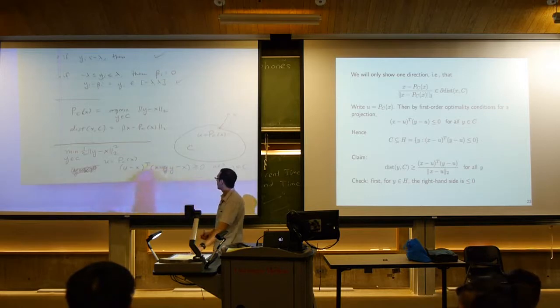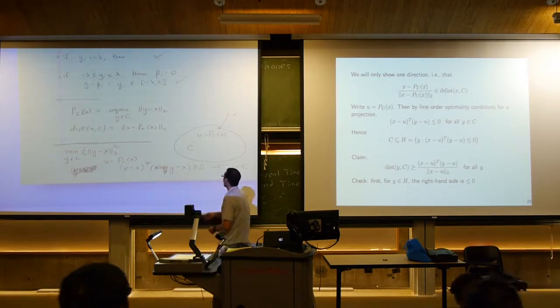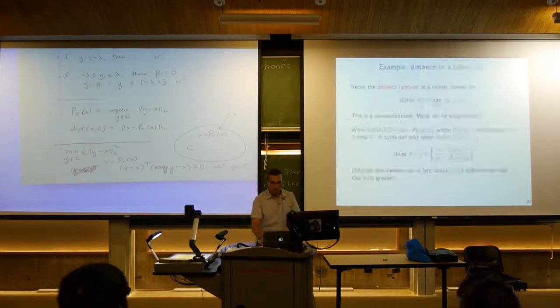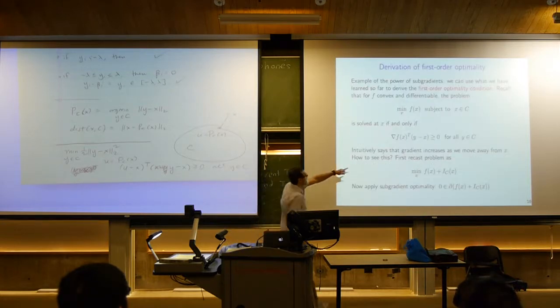If I take the gradient and take the inner product with the vector that points from x to y, then this must be non-negative for all other feasible points y. That was just this first order optimality condition here.